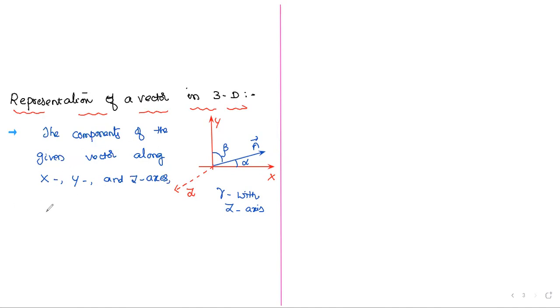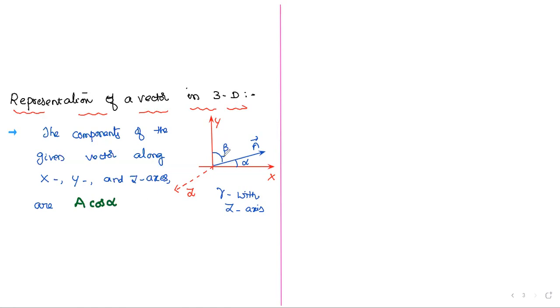Since alpha is known with the x-axis, I write it as A cos alpha. Is it right, Nana? Yeah, exactly. Excellent. A cos alpha.